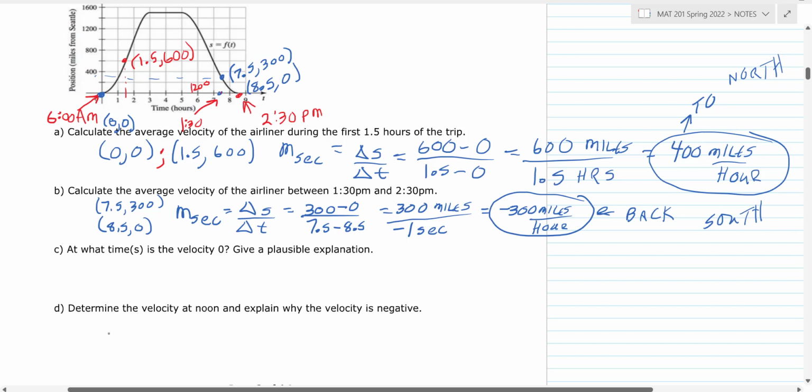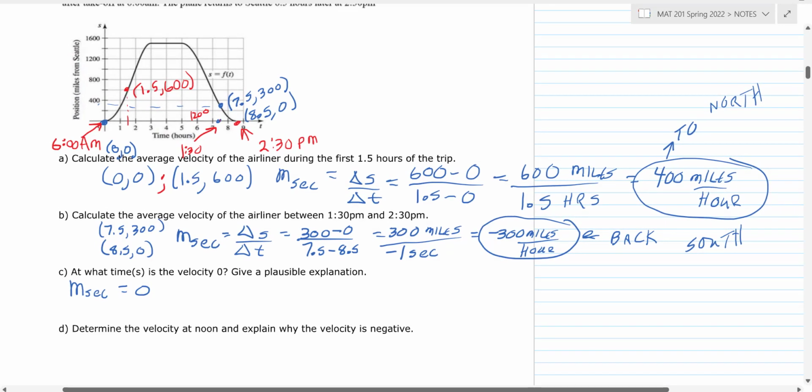Okay, the next question is: at what time is the velocity 0? Well, you would have to have an average rate of change of 0. That means the slope of your secant line would have to be 0. So if you look at places where the slope would be 0, that appears to be in this interval right here.